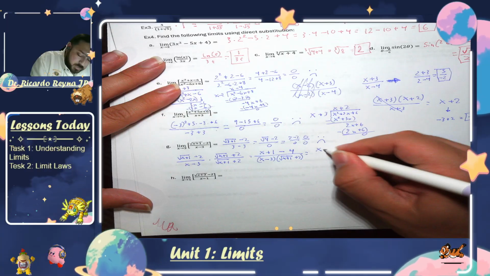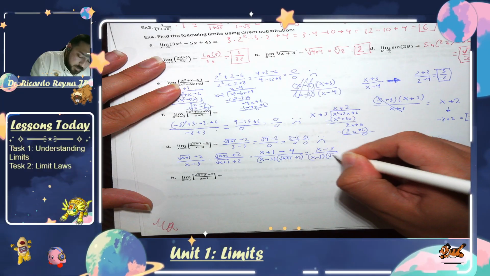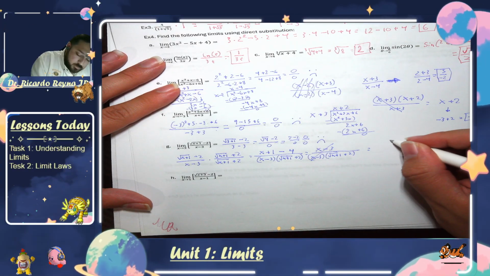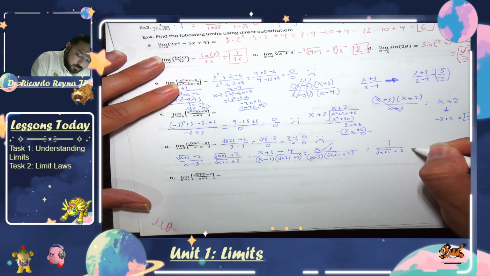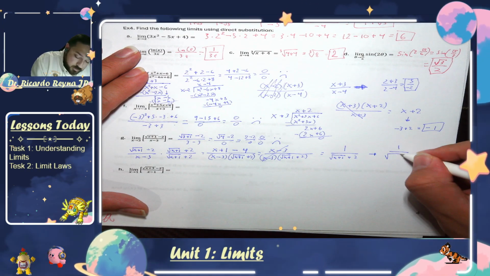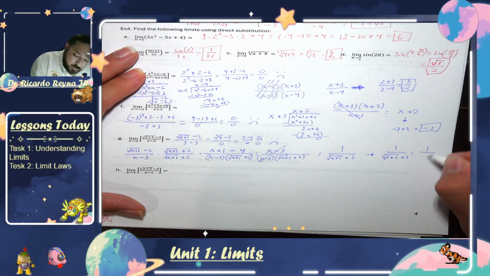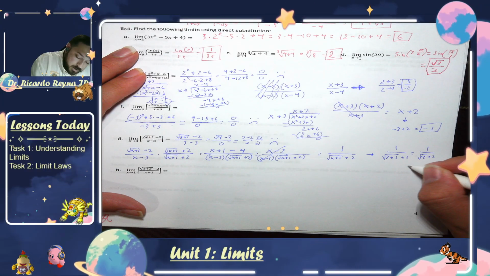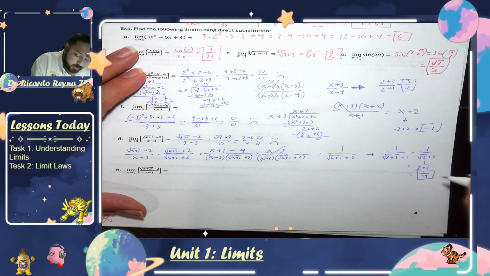That top part just becomes x minus 3, and look, we have something that we can factor out of the top and the bottom. So we just have 1 over the square root of x plus 1 plus 2. Now we can plug in x to be 3. We get 1 over the square root of 3 plus 1 plus 2, so it's 1 over the square root of 4 plus 2, 1 over 2 plus 2. 1 over 4 is our limit.